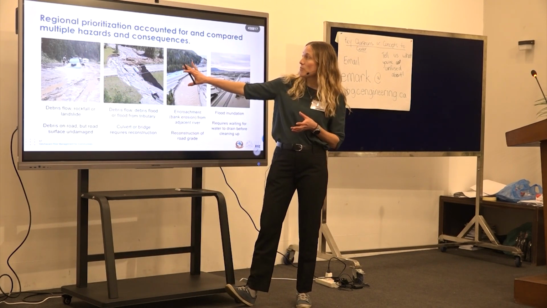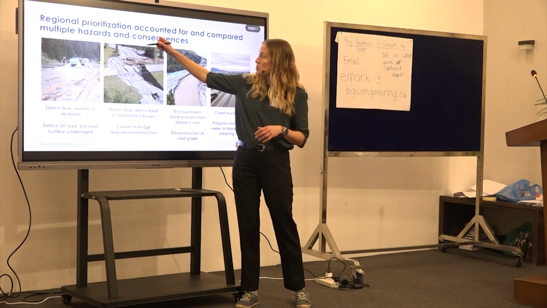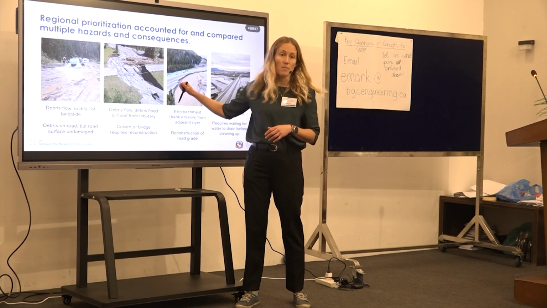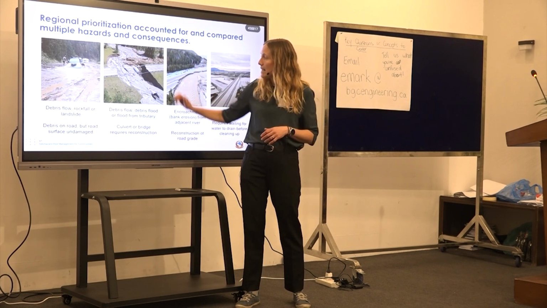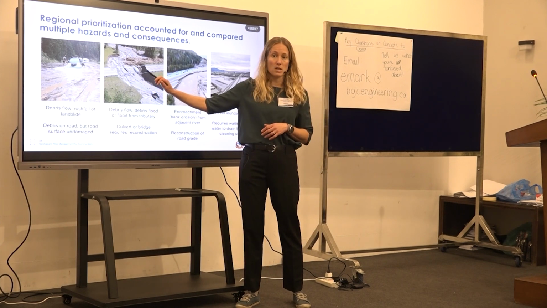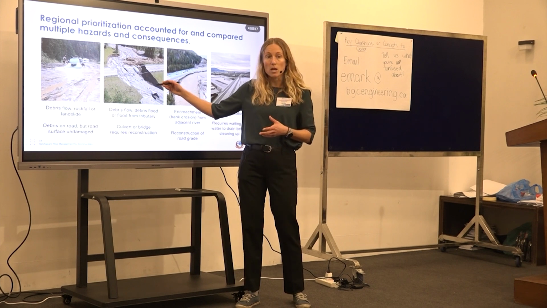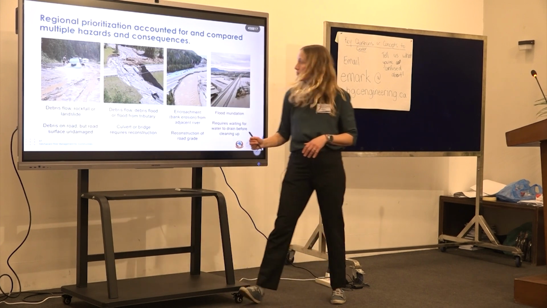The next type of hazard consequence pair that we had was debris flows or debris floods coming across the road, and they actually damaged the road to the extent that a bridge or a culvert needed to be rebuilt. And this is something that's maybe going to take a week or a month to repair.